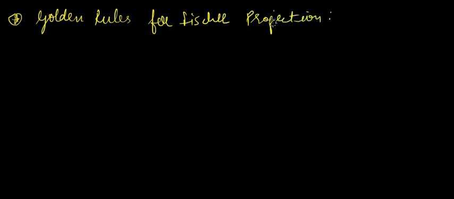Okay, let me write this correctly. Fischer projection. So the first rule is if the lowest priority group lies on the vertical line of the Fischer projection, then we don't need to change the configuration.